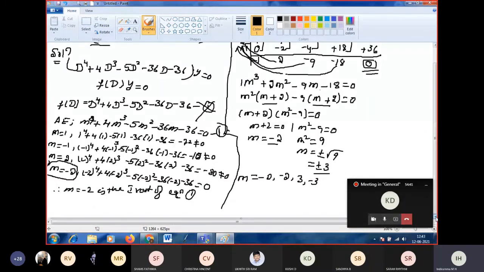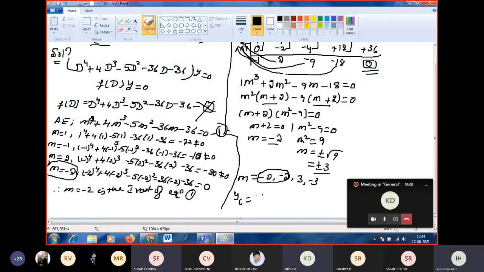Now we have to see the nature of the roots and we have to write YC. To write YC, first you see the first two. The first two roots are real and equal. Which case do we have to use?